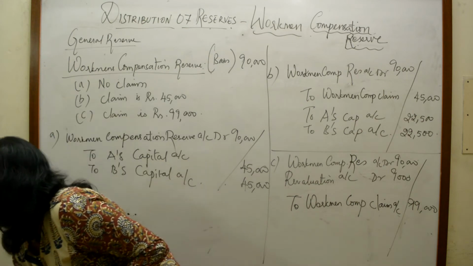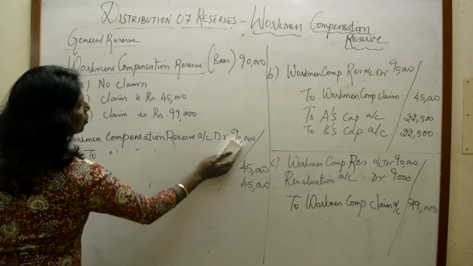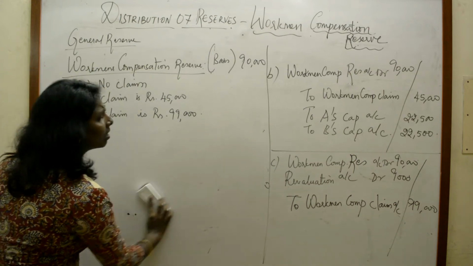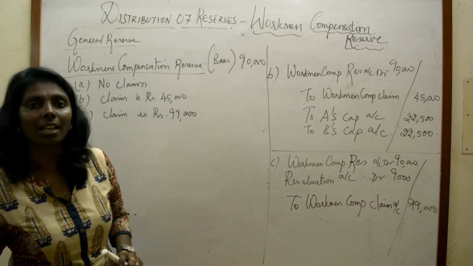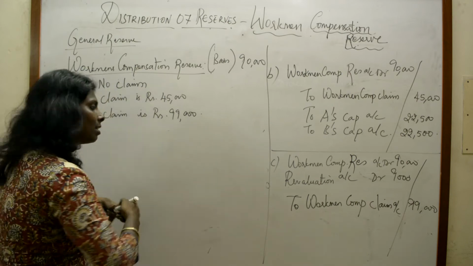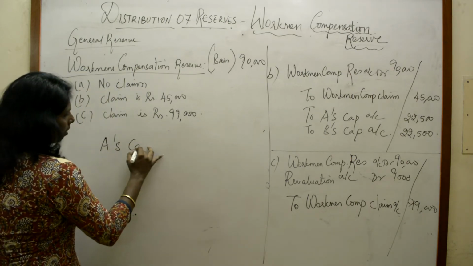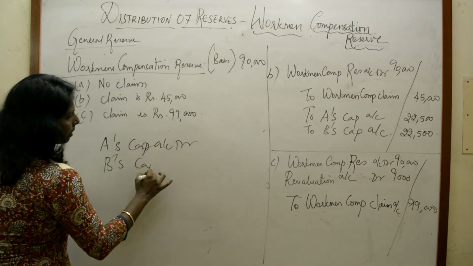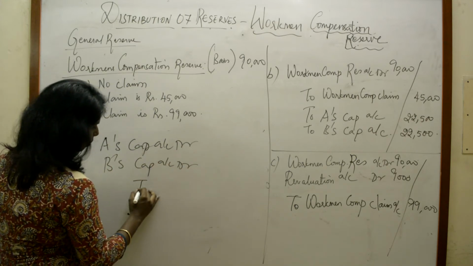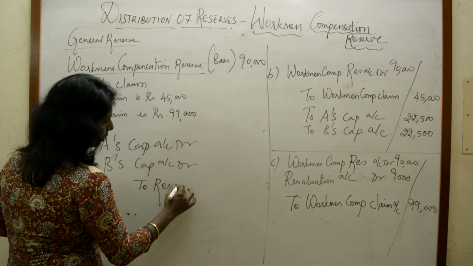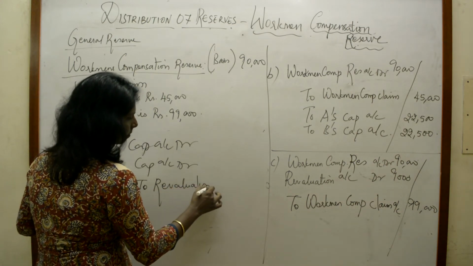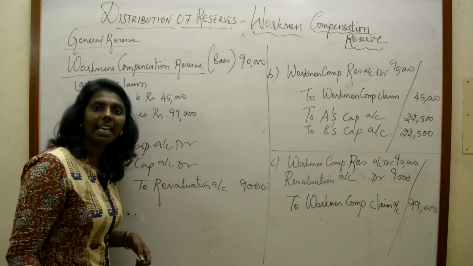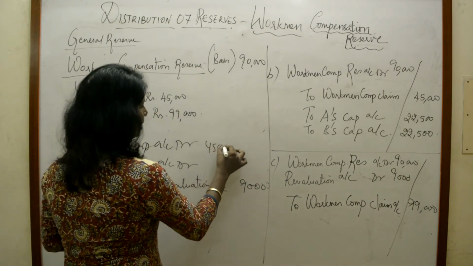For that, you need to pass another journal entry, because in case 3 there is a loss of 9,000 which the partners have to meet. So I'm going to debit the partners' capital accounts: A's capital account debit, B's capital account debit, to revaluation account, 9,000. Since I assume they are equal partners, it's going to be 4,500 each.